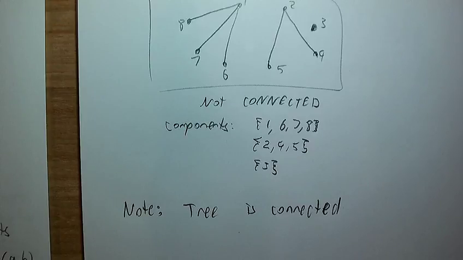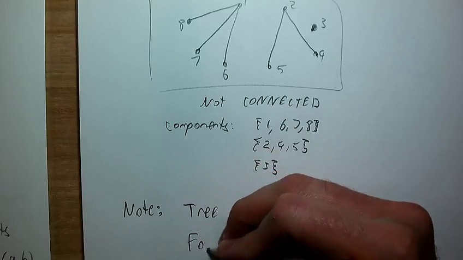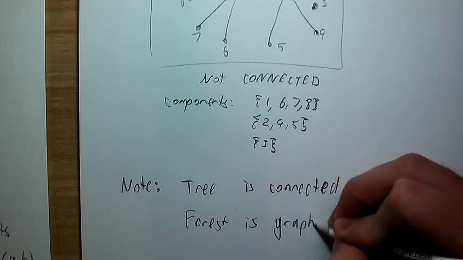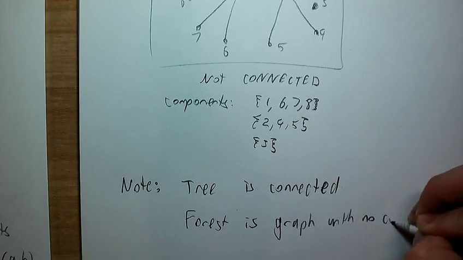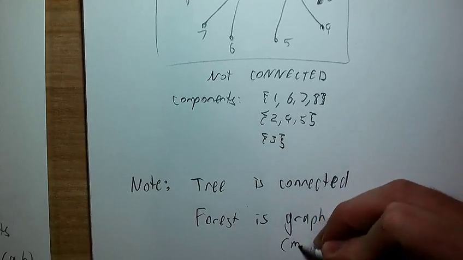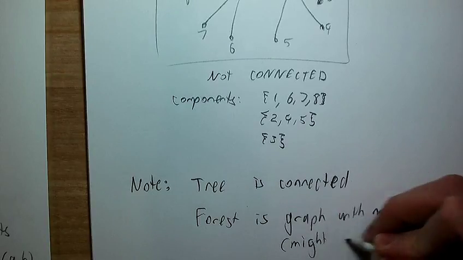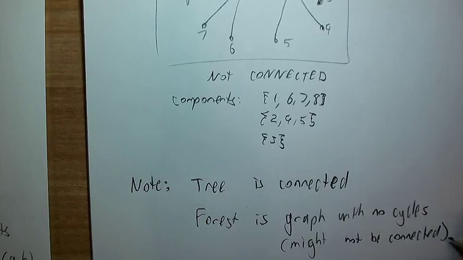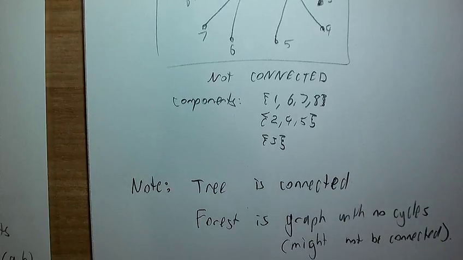But a forest is just a graph with no cycles. What ends up happening is that each piece of it is a connected piece with no cycles, so each piece has to be a tree. So a forest is a graph with no cycles, but might not be connected. So that's where we are there.